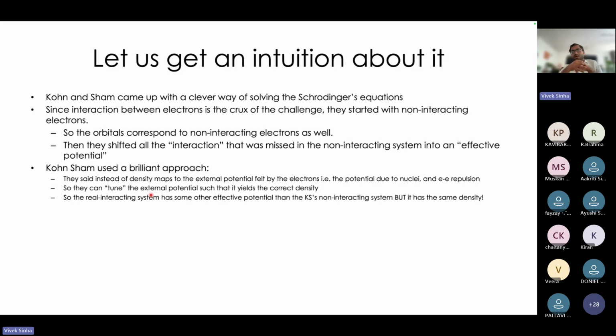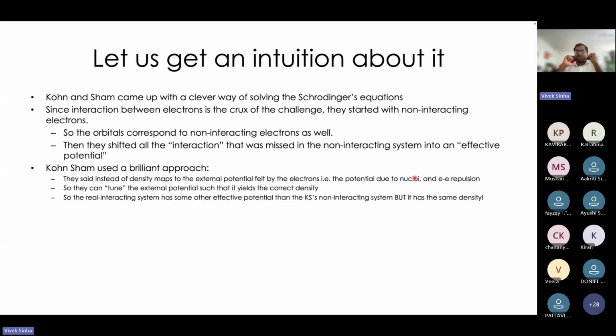This interaction part that you are missing, that was missed in the interacting system, you can shift it. Let me move this a bit. You move this into an effective potential.